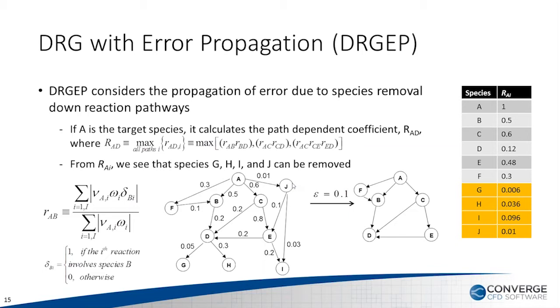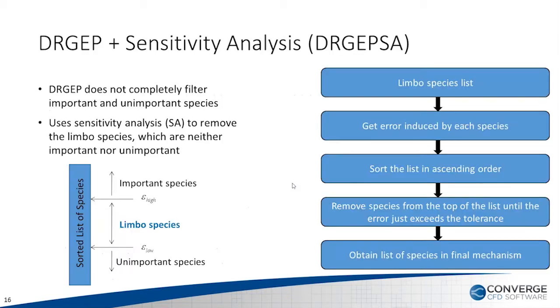If this coefficient is below 0.1, we can define the species or path as not important at all. For this specific example, we can remove 4 species, basically G, H, I, J, and then we end up with 6 species after running the DRGEP.